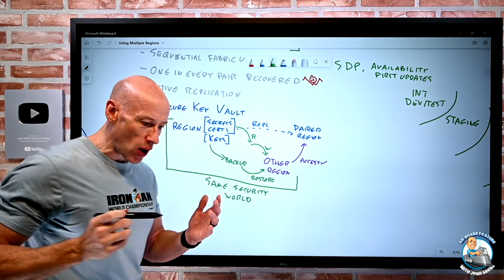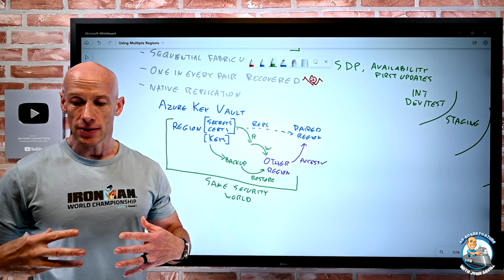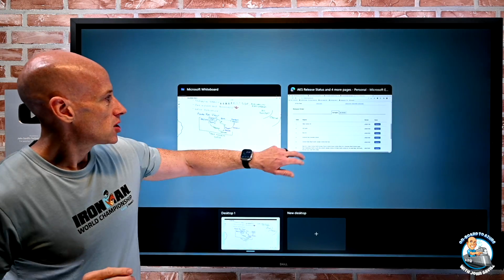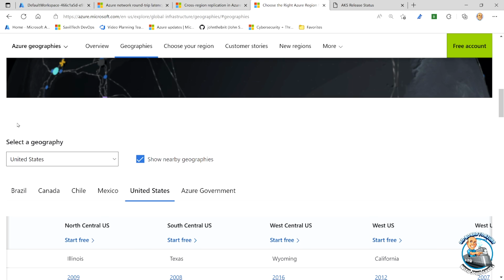And security worlds basically align with the Azure geographies. And we actually just saw that. So when I looked at a picture over here, when we said choose the right region, notice we have geographies, and I selected United States. Well, the geographies align with the security boundaries.